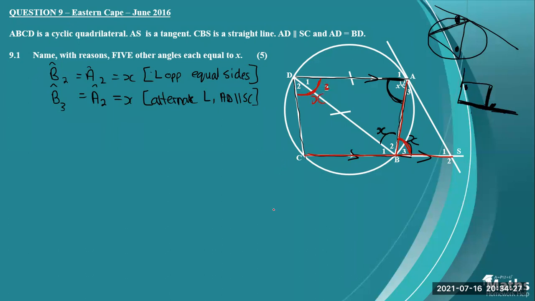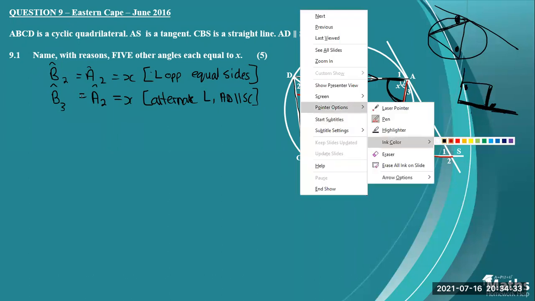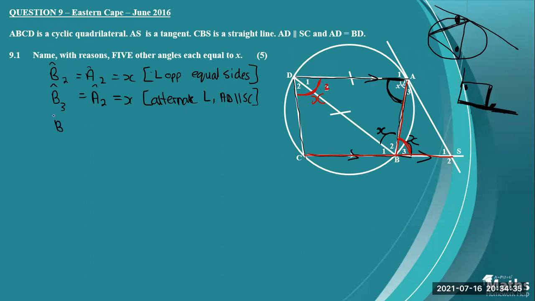So that one will also be equal to x. I'm going to say angle B3 is equal to angle D1 plus D2, or you can refer to it as angle ADC.